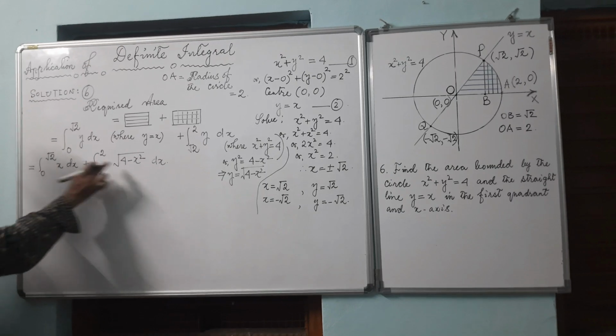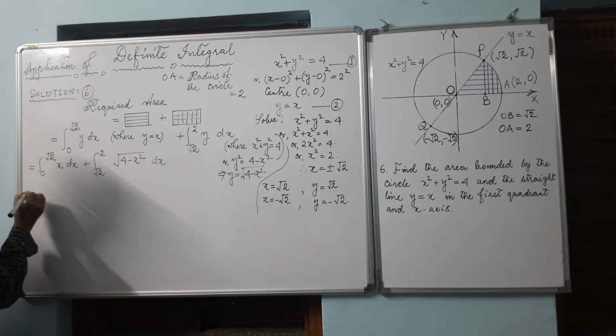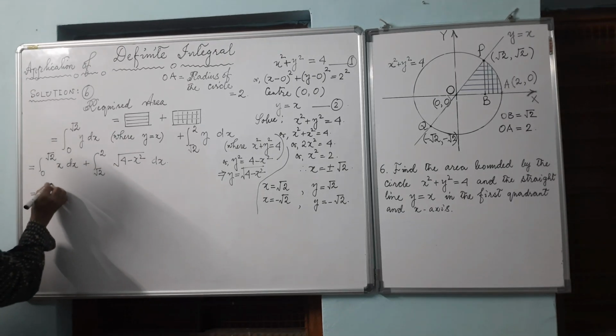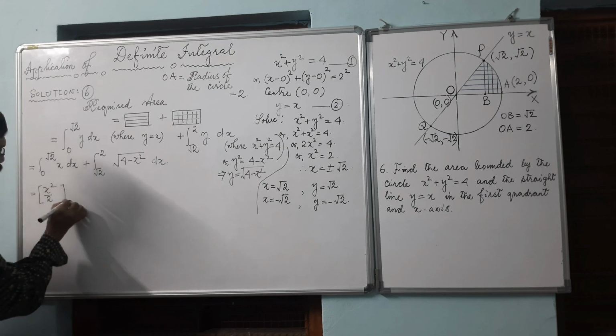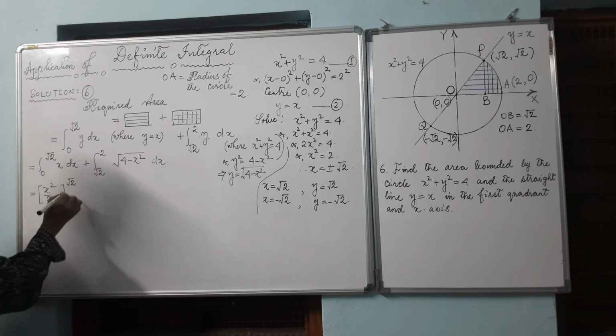Now the integrand is known to us, so we can proceed forward. The first part is x square by 2 from 0 to root 2. These are the upper and lower limits.